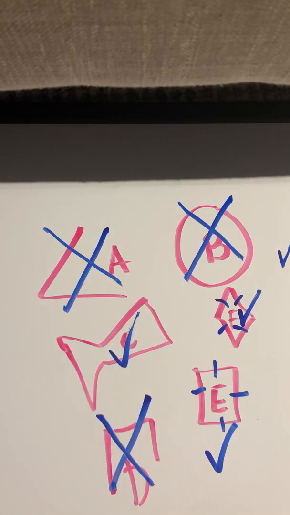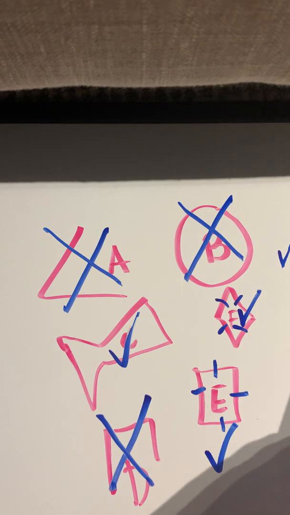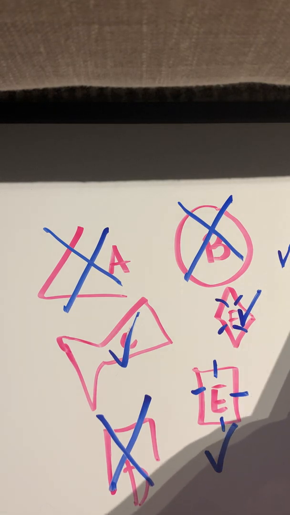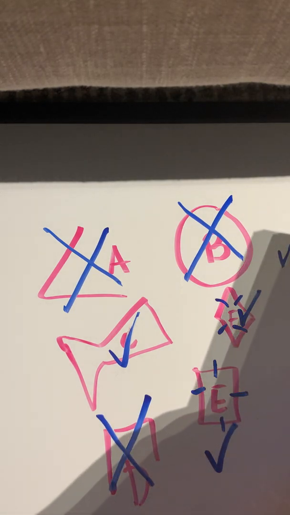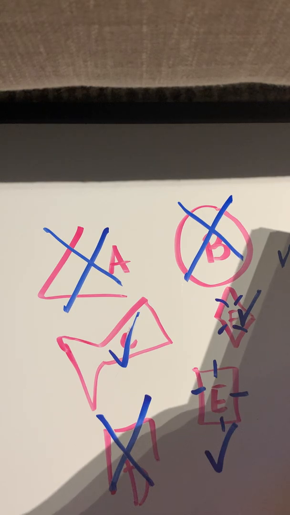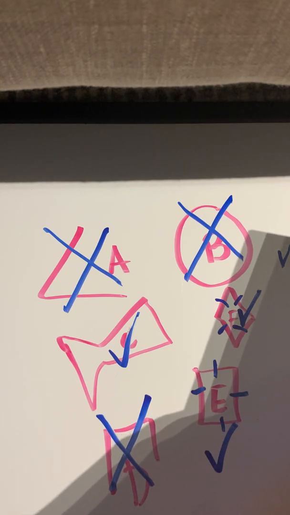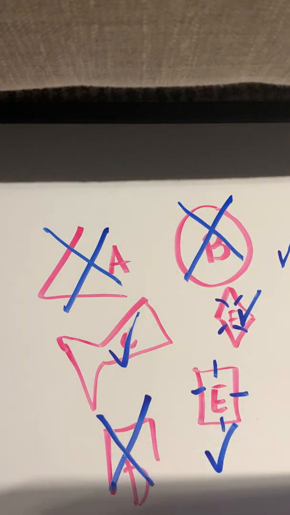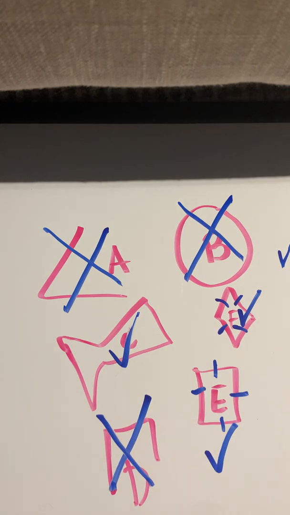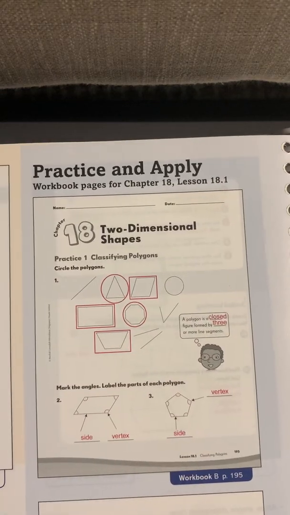Today, you are going to be practicing a little bit with identifying shapes that are open and closed. You're going to be working a little bit more with polygons, okay? So here is the first thing that I want you to do. It's not going to be too much, really, okay? Go ahead and get your 3B workbook, please, and turn to page 195. Should look like this.